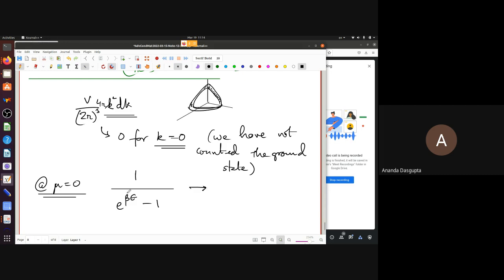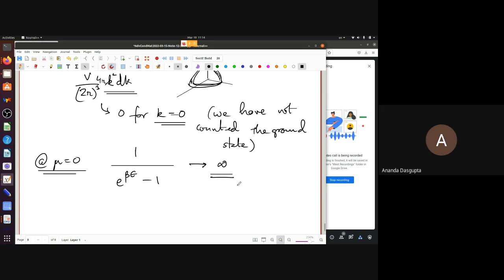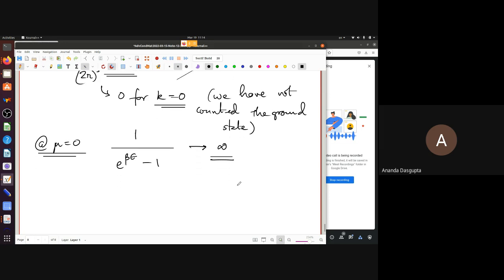And since epsilon is 0, this actually goes to infinity. So missing out on the ground state may have a huge issue, because if mu really reaches 0, then the ground state should be infinitely occupied. Now, we don't really have an infinite number of particles, which really means that although we have been saying what happens when mu reaches 0, z reaches 1, mu never really reaches 0.